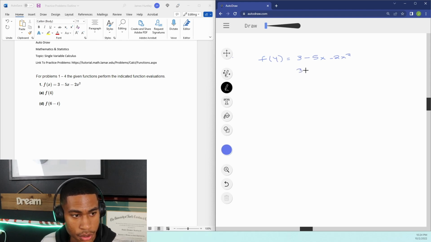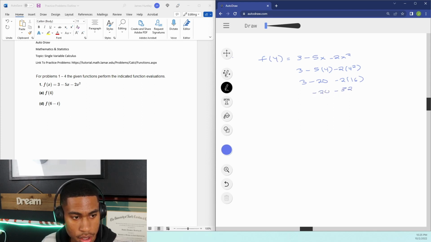So it's just going to be 3 minus 5 times 4 minus 2 times 4 squared. All right, that gives us 3 minus 20 minus 2 times 16, minus 32.